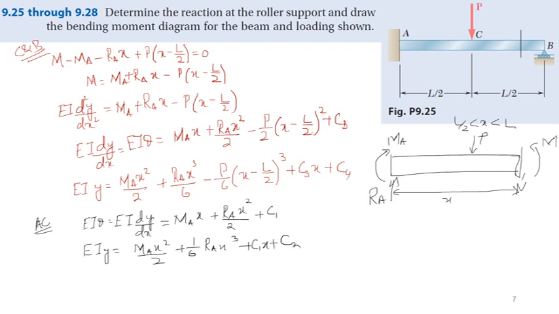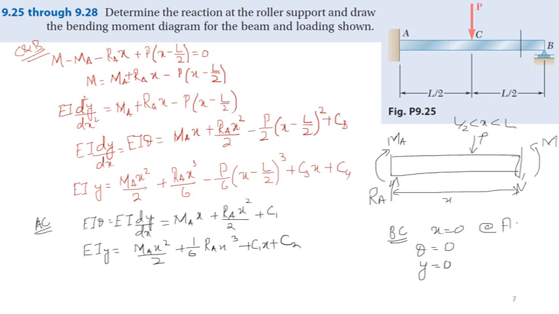Now, if you look at this, these two equations are valid for AC. At A, we have a boundary condition. At x equals 0, that is at A, theta will be 0 and deflection is also 0.